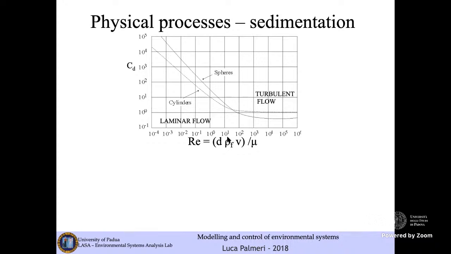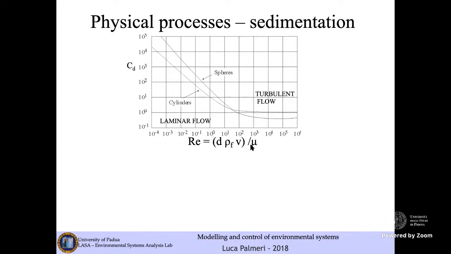In particular, we know that the Reynolds number may be expressed as a function of the diameter times the density of the fluid times the settling speed of a particle divided by the viscosity of the fluid. Of course, there is a linkage between the density and the viscosity. All these factors depend on temperature.